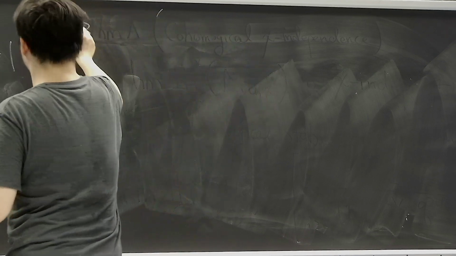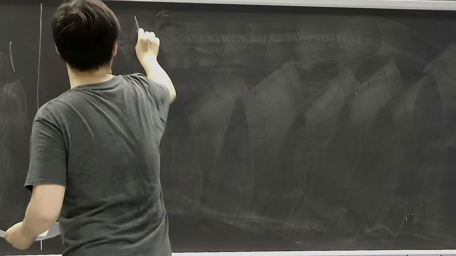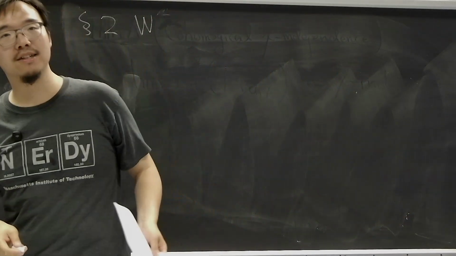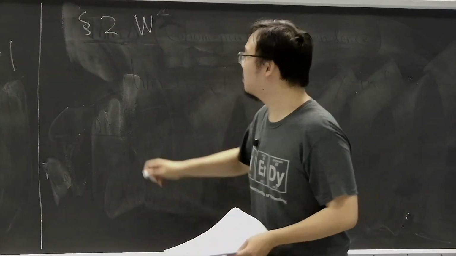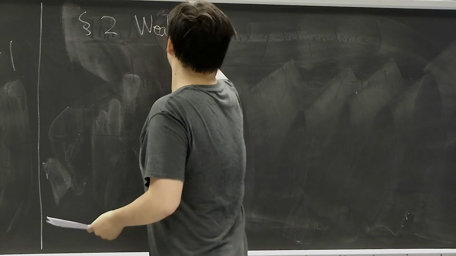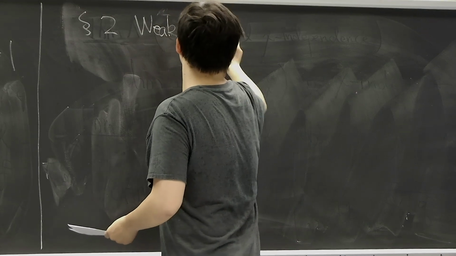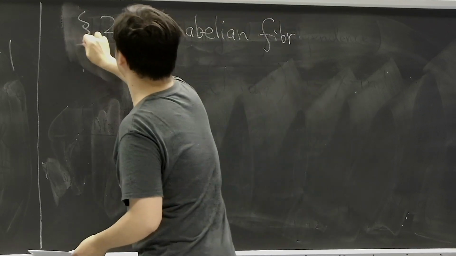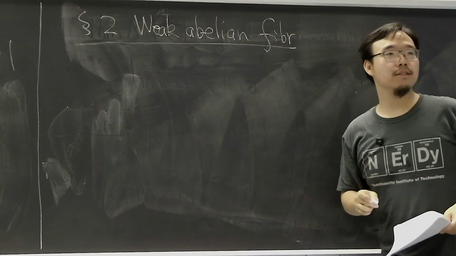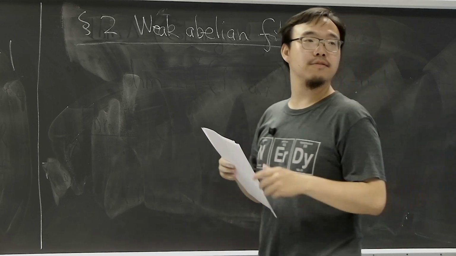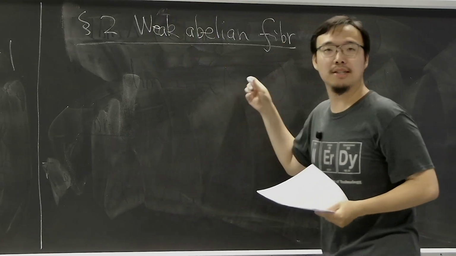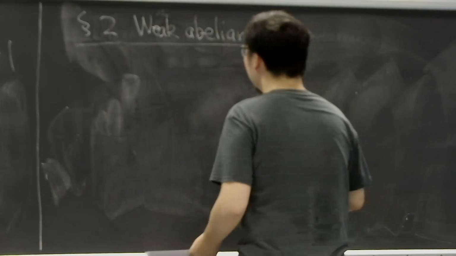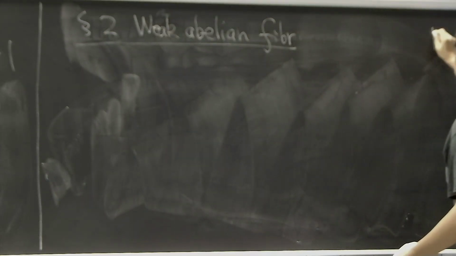So let me start with the technical part. Because we want to embed this story into the one I talked about yesterday, namely the consideration from the weak abelian fibration. I think in today's exercise session Camila will probably discuss more about weak abelian fibrations. So recall, what is a weak abelian fibration?